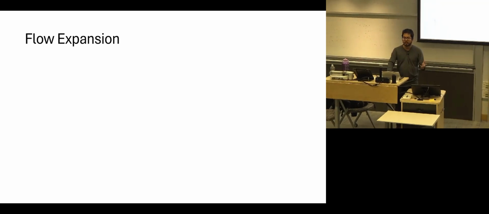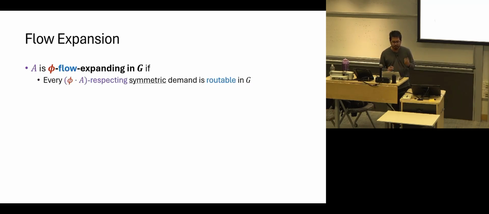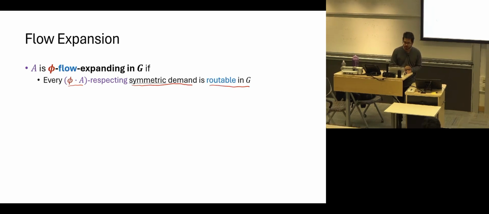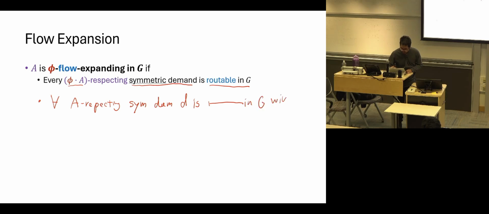And flow expansion. We say that the vertex node weighting A is phi flow expanding in G if every symmetric demand that respects A is routable in G. Or in other words, for all A-respecting symmetric demands, D is routable in G with congestion 1/phi.